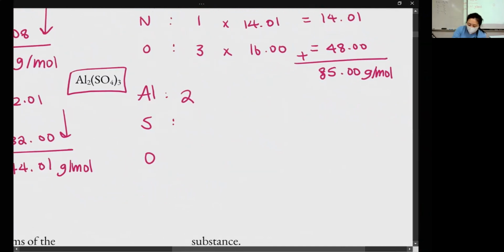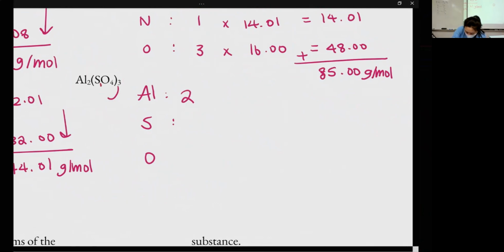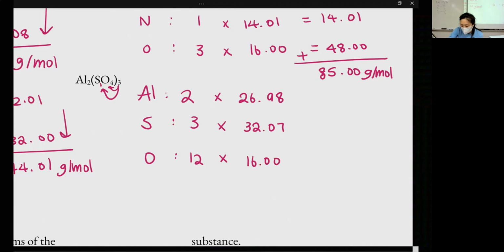When you do this one, make sure you are multiplying 3 times 1 and then 3 times 4 to get each one of them. So sulfur, you have 3 of them, and oxygen you have 12. Aluminum is 26.98, sulfur is 32.07, and oxygen is 16.